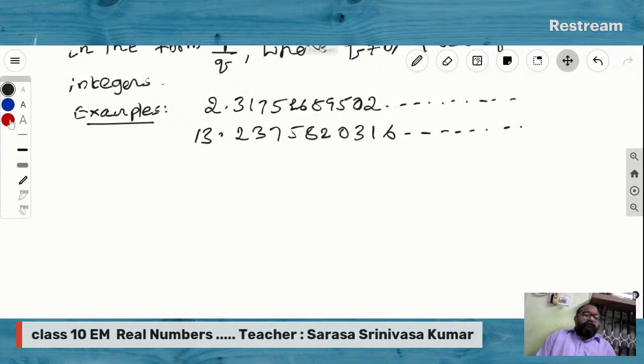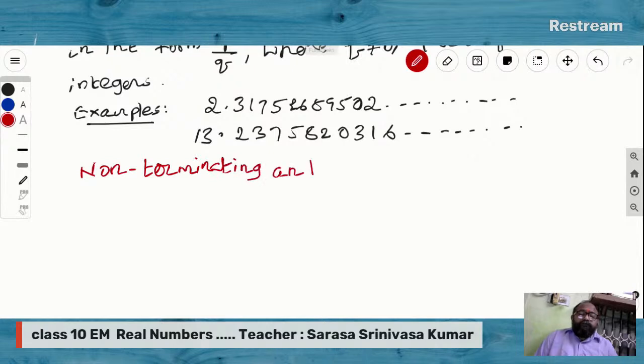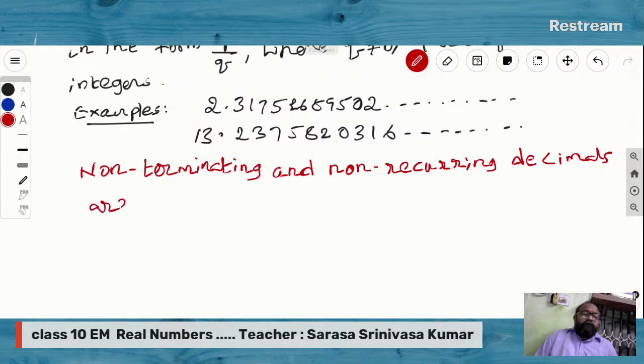This is a non-terminating and non-recurring decimal. Non-terminating, non-recurring decimals are irrational numbers.